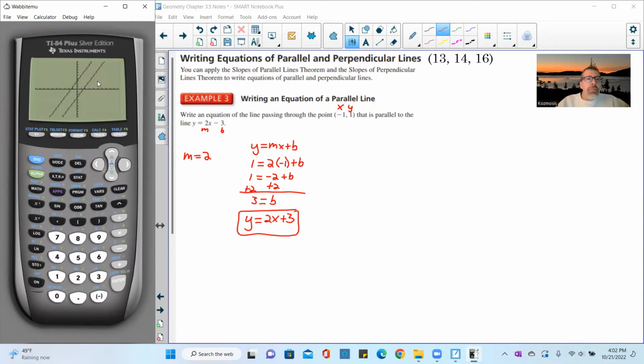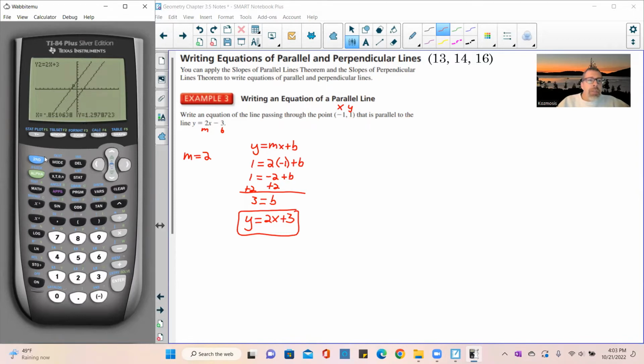The question is, is the point -1, 1 on the graph? So I'm going to trace, and go to the other line. So here's 0, -3, and if I arrow to the left, I'm looking for -1, 1. Okay, so there it is right there. It's pretty close, but I can't find it exactly.